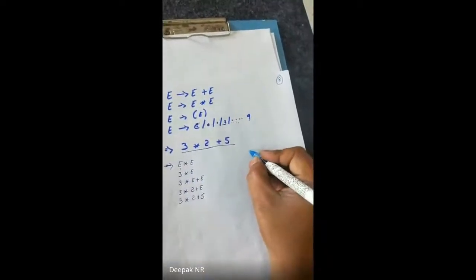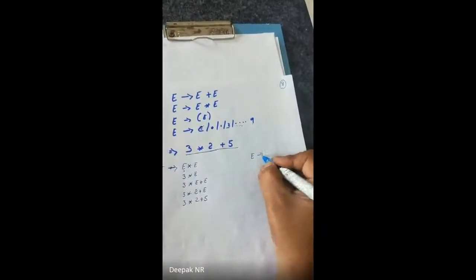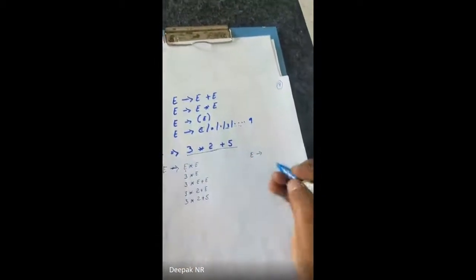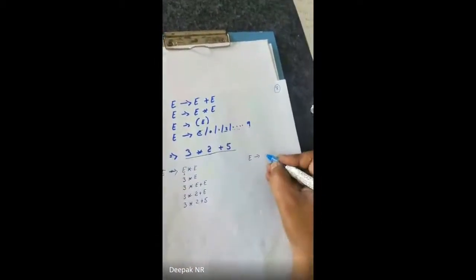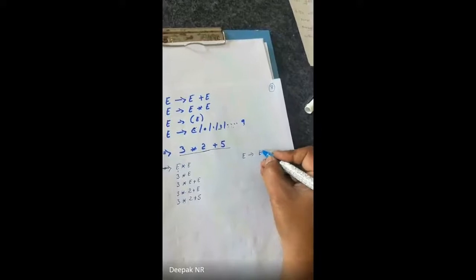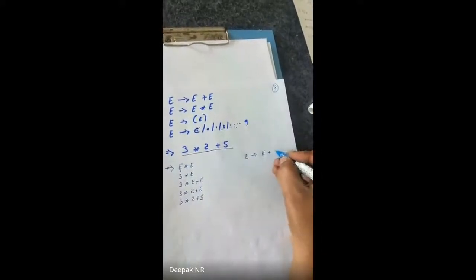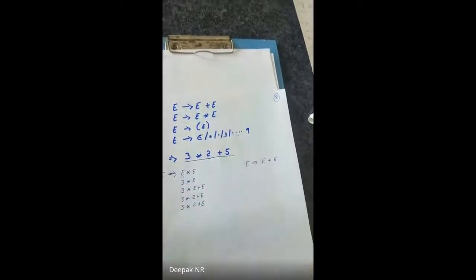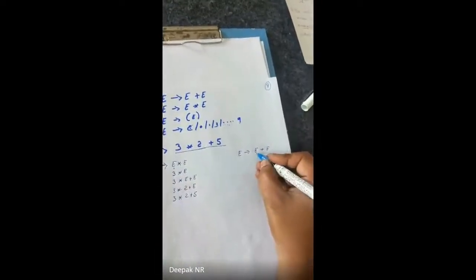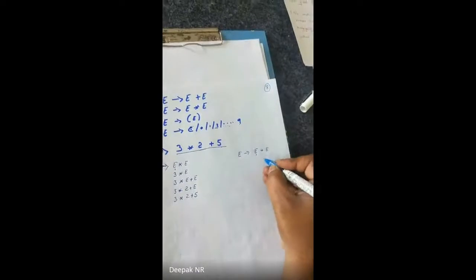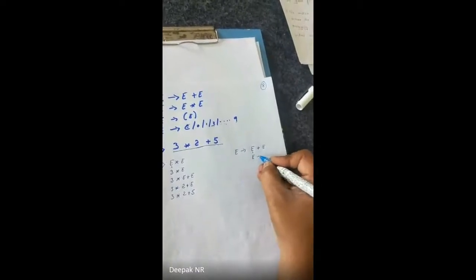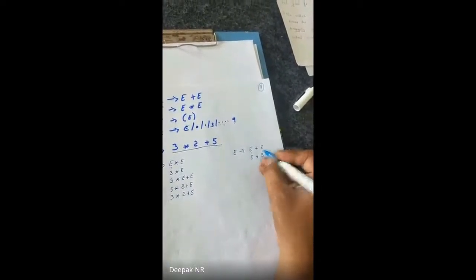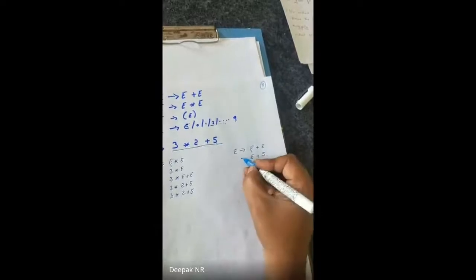Or why can't I think in another way? Sir, why are you doing it right to left? Why can't I do it from left to right? Okay, can I do it this way? Instead of writing E star E, can't I take E plus E first? Now this E, I write again E plus, and here I write 5.